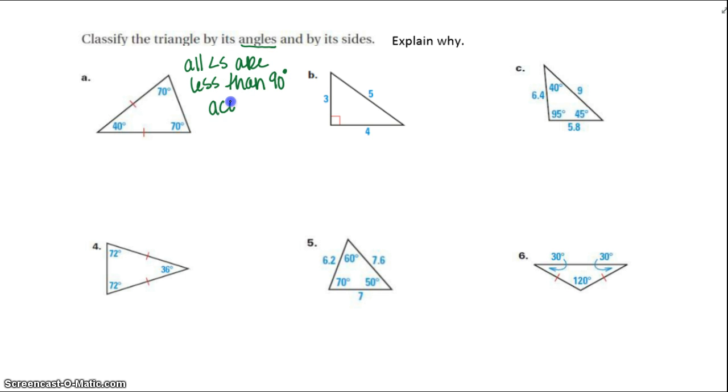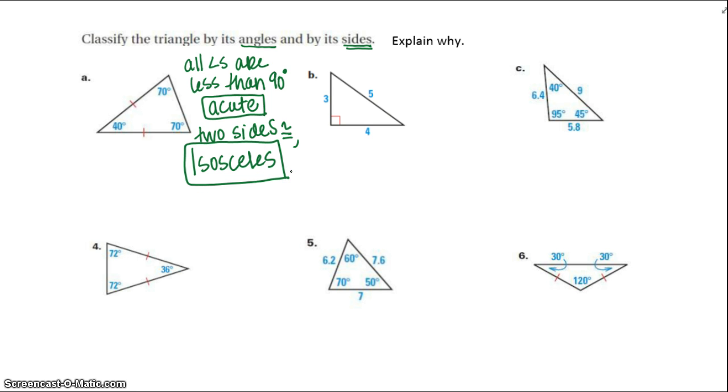So this triangle is acute. Okay? What about its sides? I see two sides congruent. So is this triangle equilateral, isosceles, or scalene? It's going to be isosceles. So two sides congruent. Ooh, I wrote two side. Two sides congruent. So this is going to be isosceles.